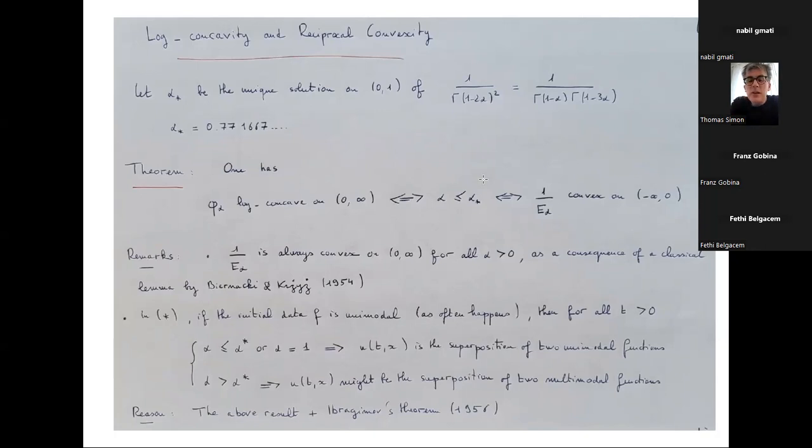The theorem by Ibragimov tells you that this is a characterization. This means that if you consider the addition of a unimodal random variable and another random variable, the sum will remain unimodal if and only if the random variable is strongly unimodal.